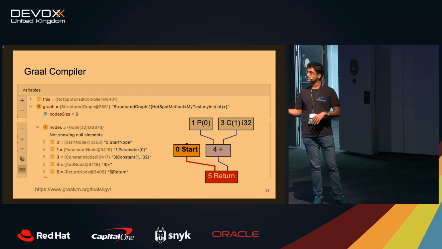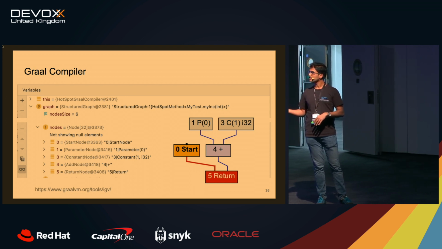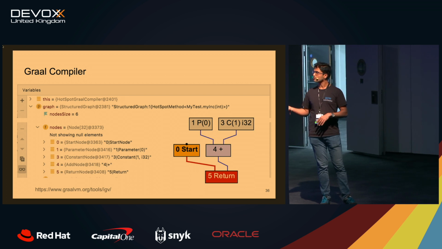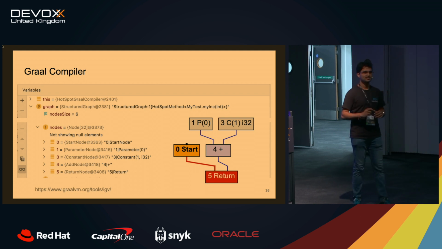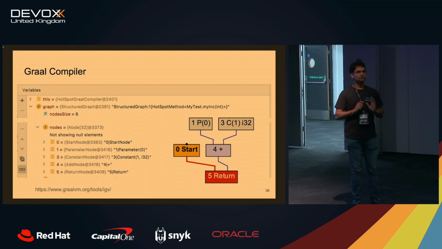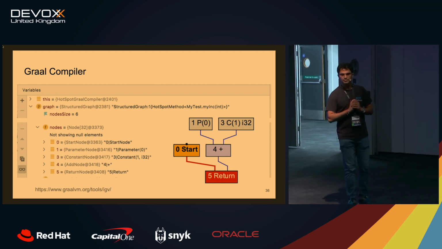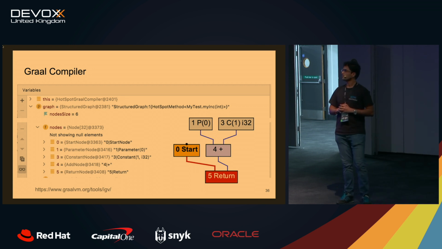And the blue line is the data flow line. So return will return the result of addition, and addition of Parameter 0, which is the first argument, and the constant value 1. And as you know, integer is of size 4 bytes in Java, so it's I32. So it is doing the addition. Cool.